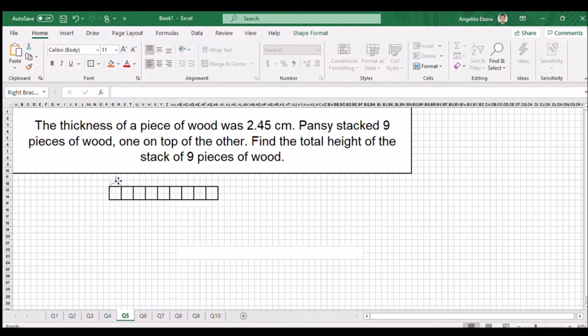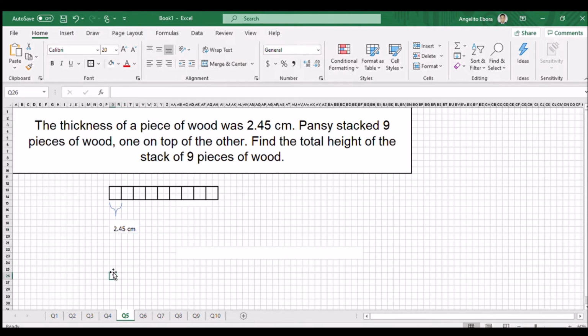Okay, so I'll just put it down because I don't have space on top. It doesn't matter whether the number is on top or below. Important is you know the concept. So each piece has 2.45 centimeters.